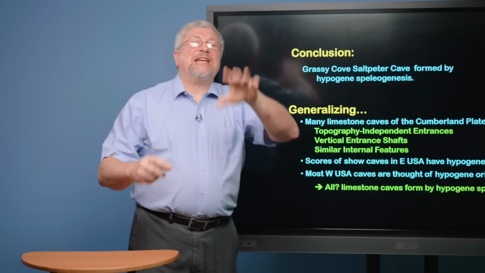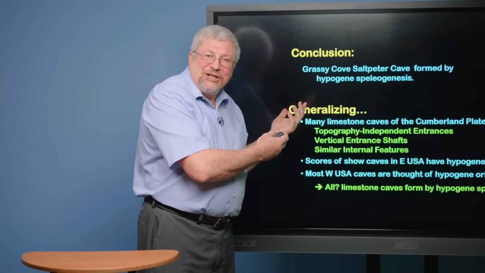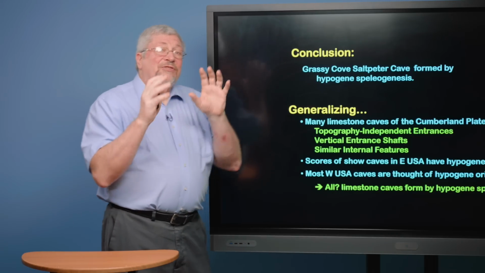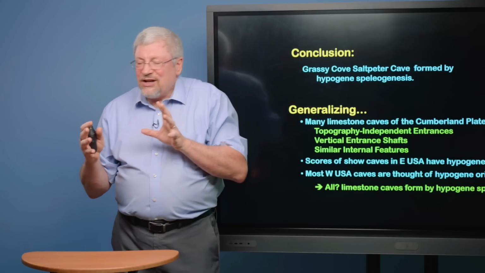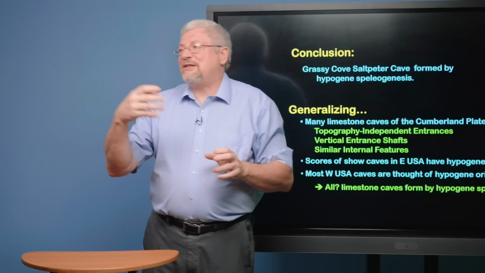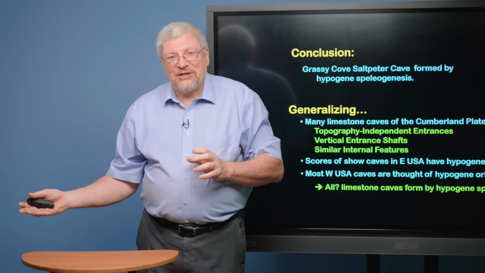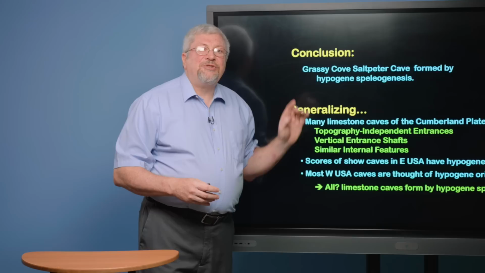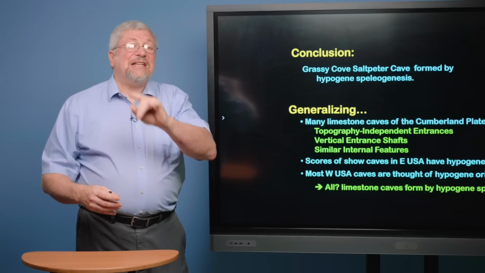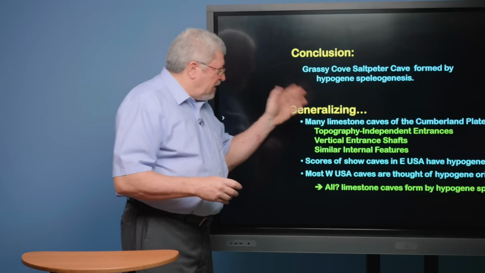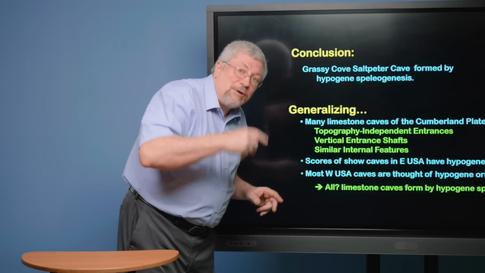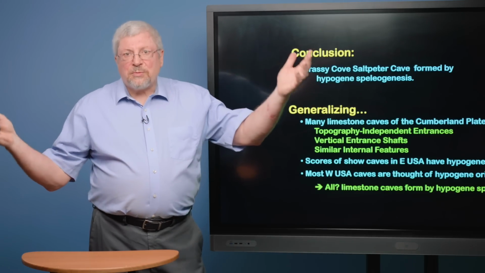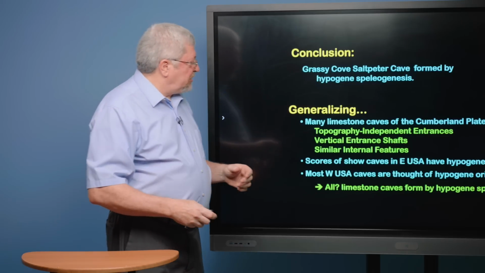These are things that come into the cave after the formation of the cave, attempting to fill the cave. They're going to go into that part of the cave where these evidences are obscured. If we can see evidence of hypogene speleogenesis in even those caves, then I think we've got a pretty good argument that it's probably true of all the caves of the plateau.